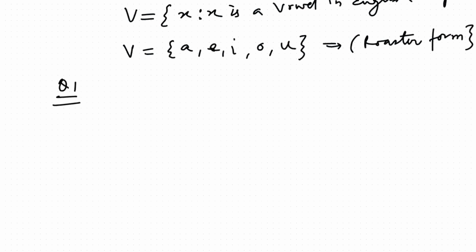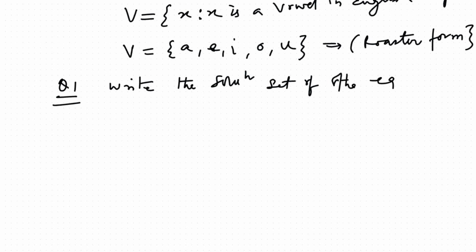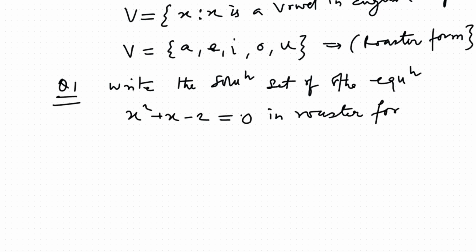Let us say I give you a question: write the solution set of the equation x square plus x minus 2 is 0 in roster form. If you read the question carefully, it says solution set. So how would you find the solution of this equation?